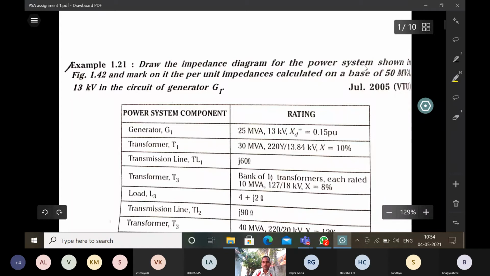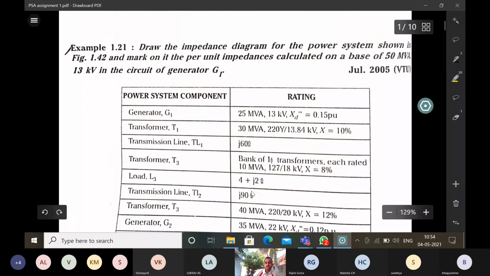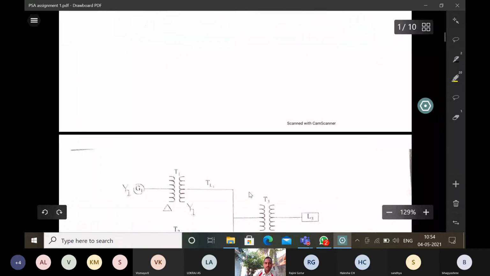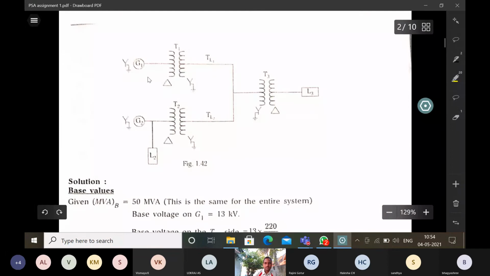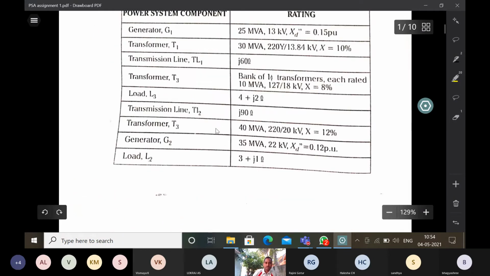Draw the impedance diagram of the power system shown in the figure. Everything is in the table: generator, transformer, transmission line, transformer 3, load. So all the parameters are given, and the diagram is also given: generator 1, generator 2, load 2, load 3, transformer 1, transformer 2, transformer 3, and the values are given in the table.